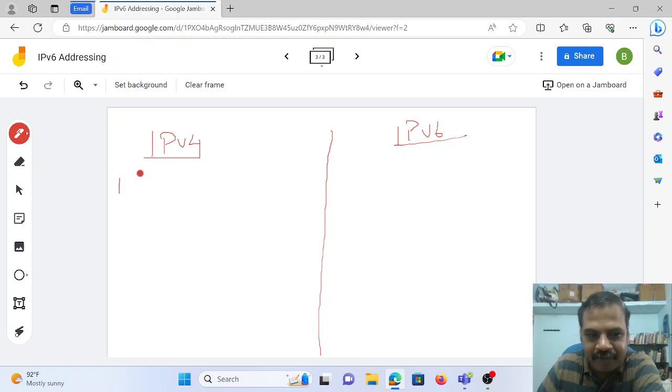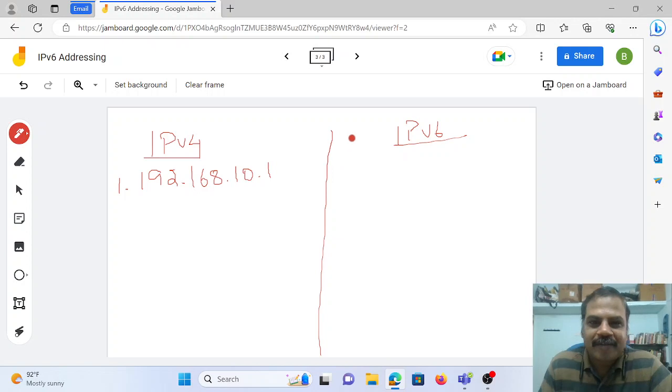Let me take the IPv4 address 192.168.10.1. I think you will be familiar with this address from the lab program. So the IPv4 address is divided into 4 sections.